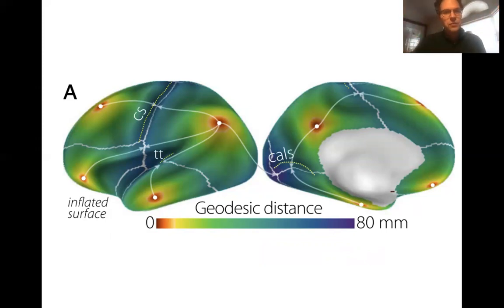And the halfway points between them mark some really important transition boundaries. For example, about halfway from the frontal DMN hub to the parietal DMN hub is this strip where the motor system lies.